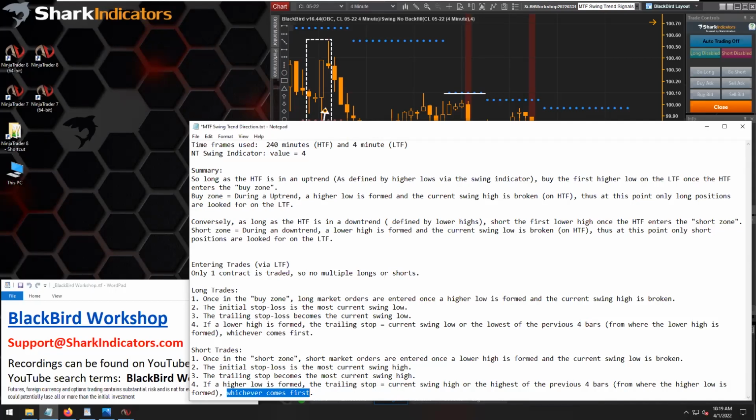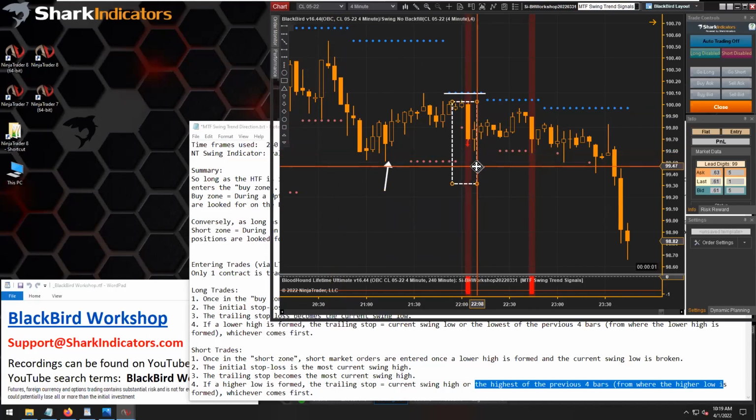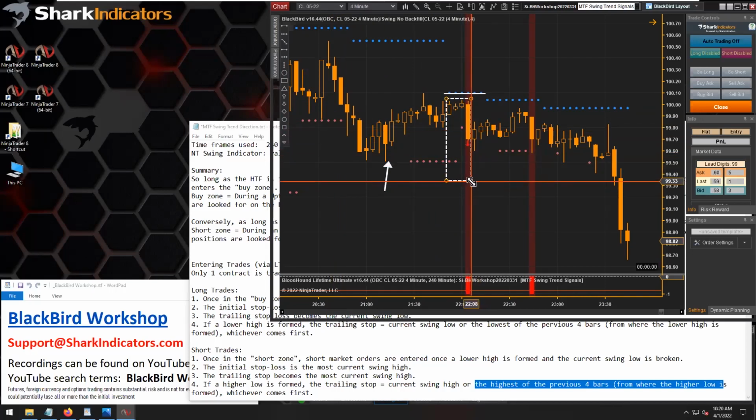So that's one thing to understand about what's written here. And the second hindrance to complying with rule number 4 is finding the highest of the previous 4 bars when a higher low is formed. Sorry, I did have that right. So a higher low.